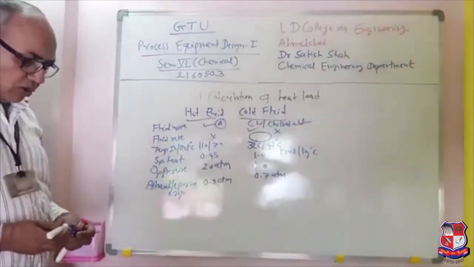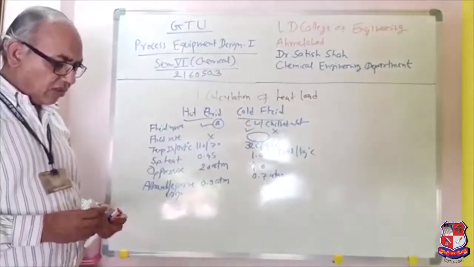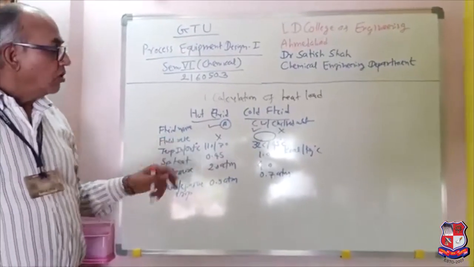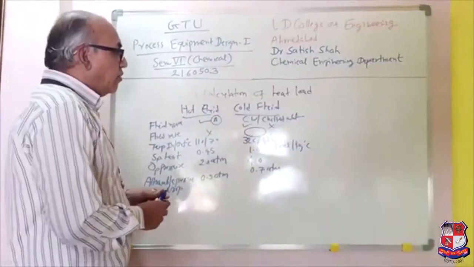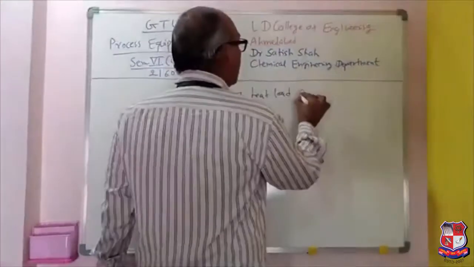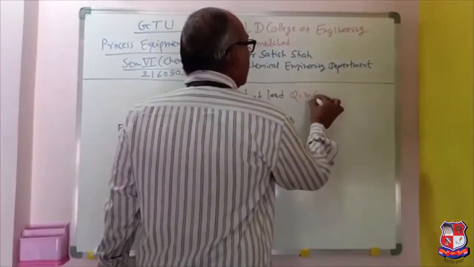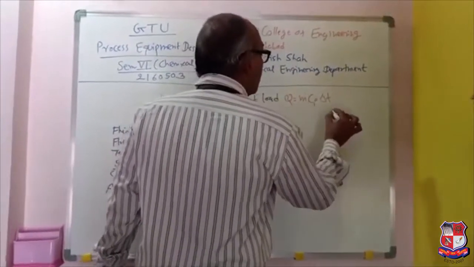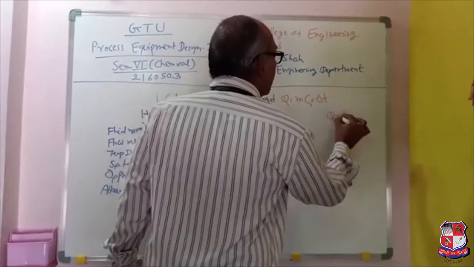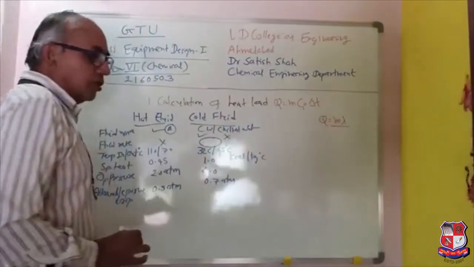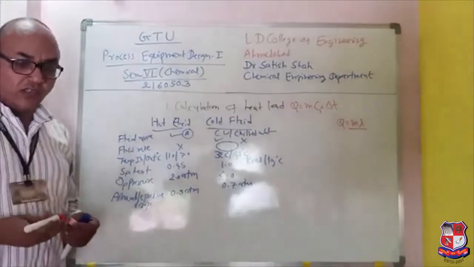So once we know this, we know that this is the sensible heat load change. So I can calculate my heat load using the formula Q = mCp delta T. There is one more formula also available, that is Q = m lambda. This I will be using for the calculation of condensation load.